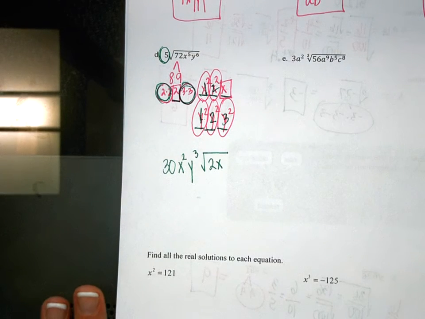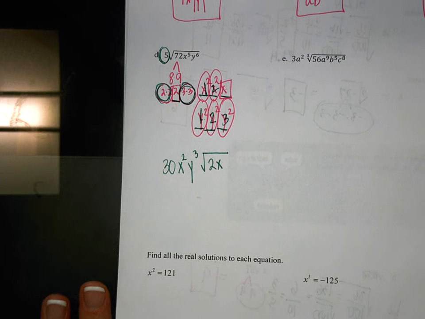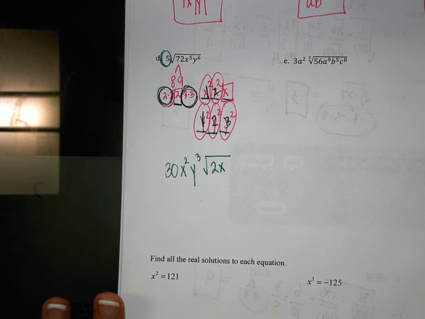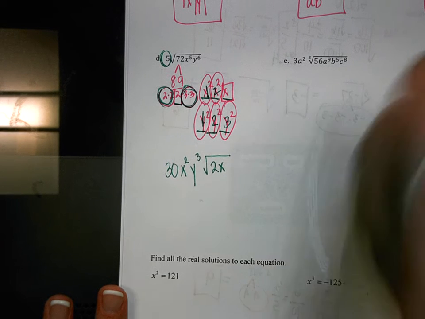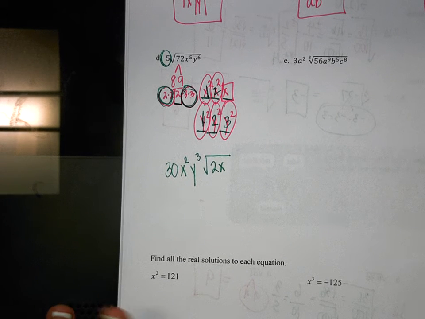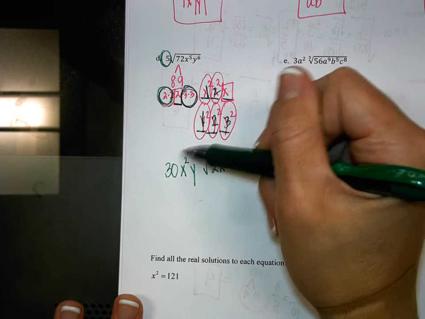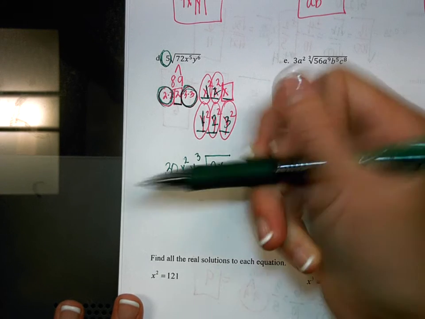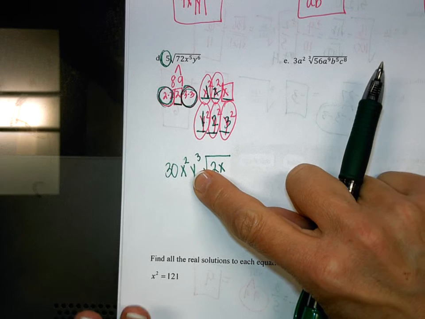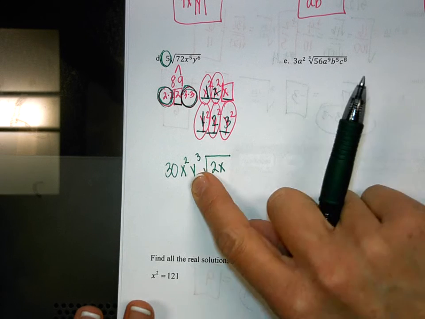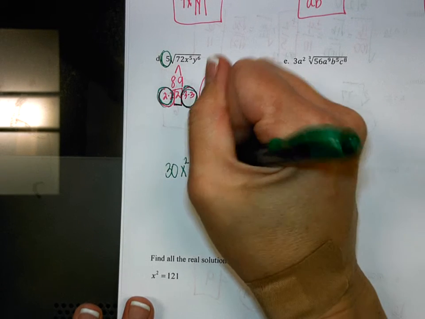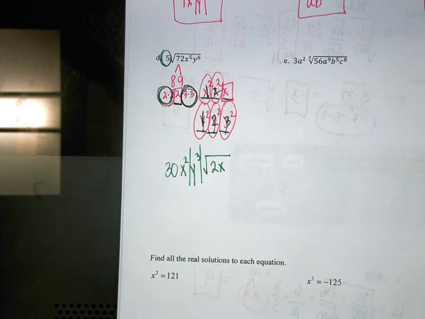Yes, Bryce? Okay, for those of you that are paying attention to the absolute value thing, because this is an even root. Actually, not the x, it'd be the y. Sorry. So an even power, if this was a negative and you squared it, it would become a positive. That's great. But if for some reason the y was negative, it wouldn't work out right, and so you would need an absolute value around the y to the third.